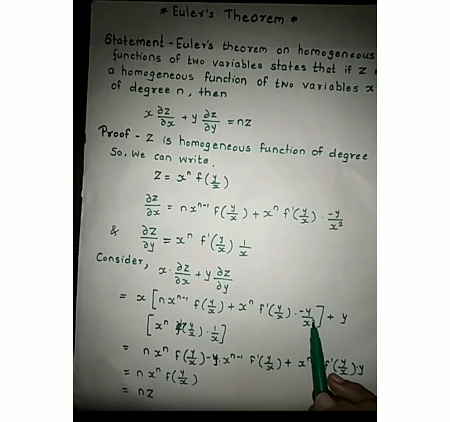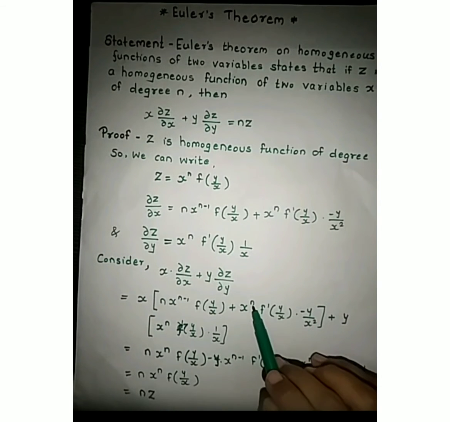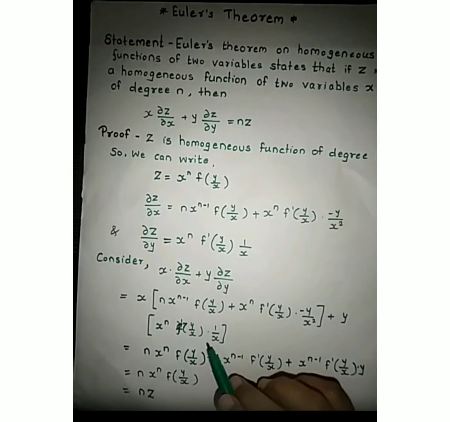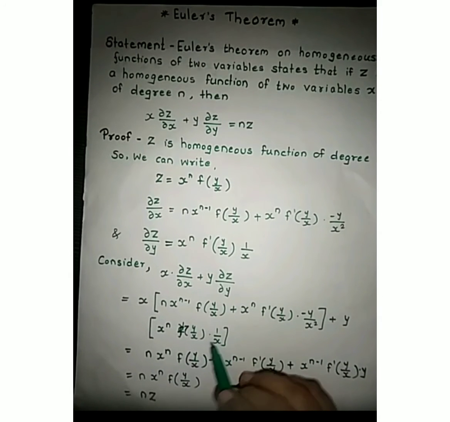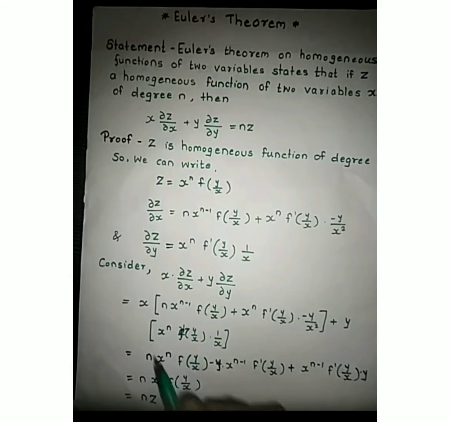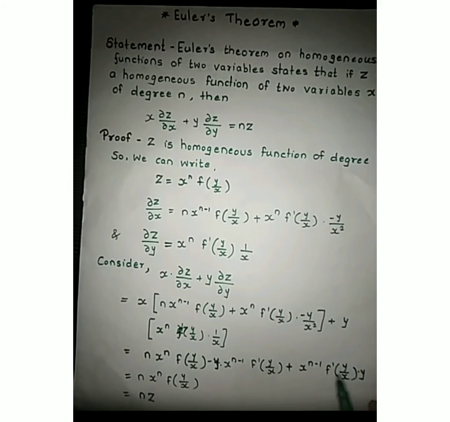One x from here and one x from here get cancelled, so it is x raised to n minus 1. When we multiply y inside, here x and x raised to n, so one x gets cancelled, it is x raised to n minus 1, and y gets multiplied inside, so it is x raised to n minus 1 f dash of y upon x into y.